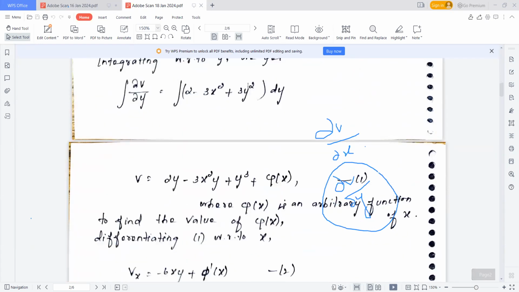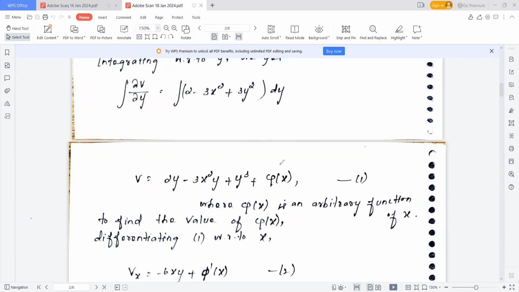Therefore we get v is equal to 2y minus 3x square y plus, integrating y square, y cube by 3, the 3 gets cancelled, so y cube, plus, since we are integrating with respect to y, phi of x, where phi of x is an arbitrary function of x.